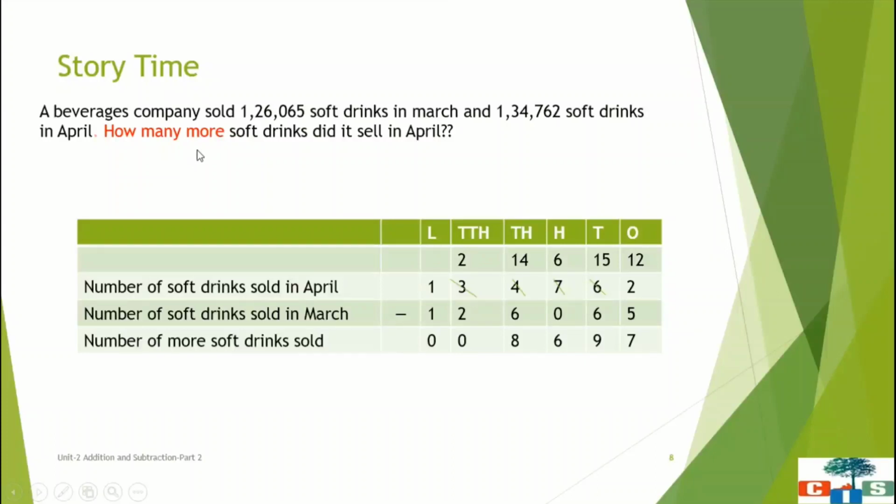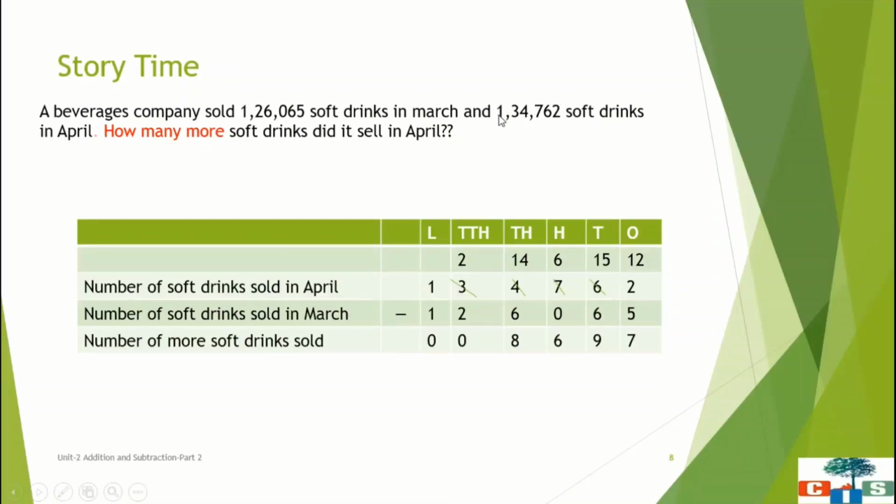Now, we will frame statements. How to frame a statement? First of all, see this number, 1,26,065. This number shows the number of soft drinks sold in March. So one statement will be: number of soft drinks sold in March is 1,26,065. Now see the next number, 1,34,762.